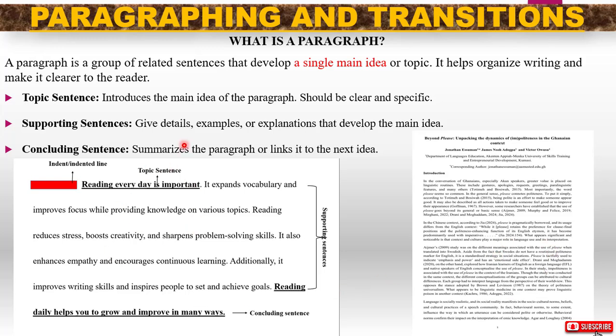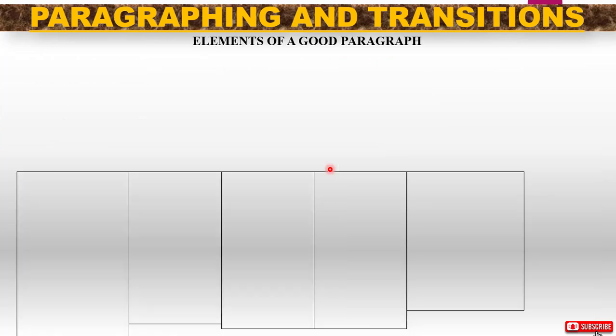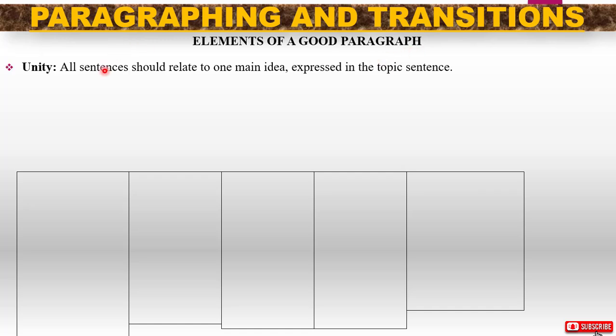Now that we know the features of a paragraph, let us look at what makes a good paragraph. These are the elements of a good paragraph. What are these elements? First of all, a good paragraph must have unity. This means that all sentences should relate to one main idea expressed in the topic sentence. So if your topic sentence is Kofi is a good boy, every other sentence in that paragraph should relate to the topic sentence.